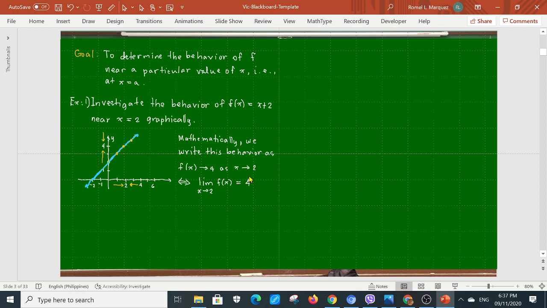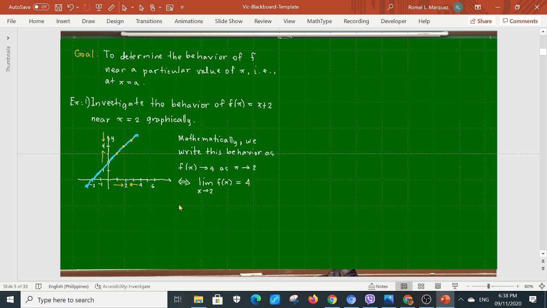So that is how we write the behavior. Again, when I travel along this line from the left, going to x equals 2, I'm not trying to actually stop at exactly 2. I'm just trying to find the behavior. So approaching from the right, what do you notice? The value of f of x approaches the number 4. And we call that limit.